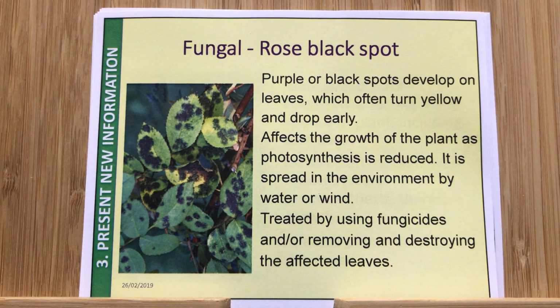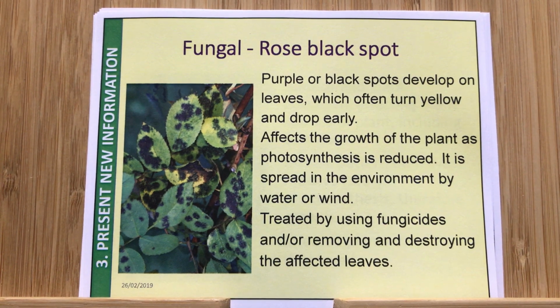This one's spread by water or wind, so it could easily infect lots of plants in a particular area. This one though, we can remove and destroy the affected leaves, but it is actually possible to treat using a fungicide. Fungicides treat or destroy the fungal spores.